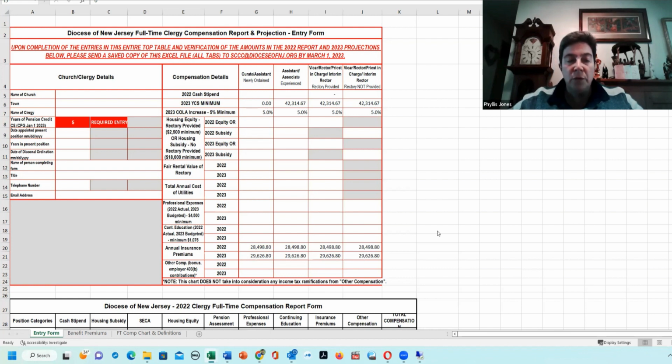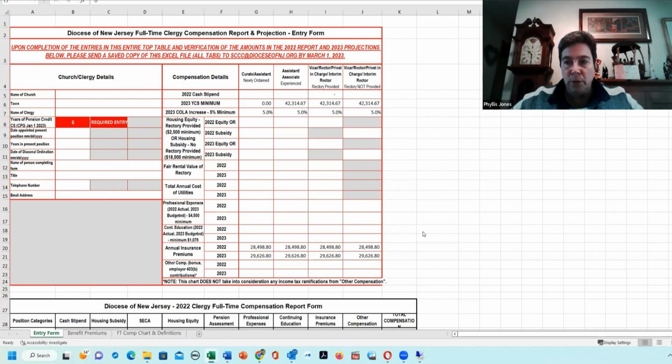Now, the one other thing I would say is that if you know from prior experience that your clergy person is designating that amount as their housing allowance, you can do it so that this report matches it. There's nothing wrong with that. The ramification you need to remember is that the 5% COLA, or whatever percentage the COLA increase happens to be, only applies to the cash stipend, not the housing allowance.